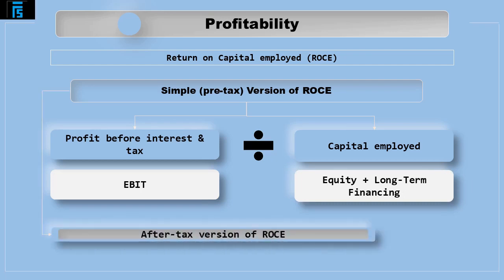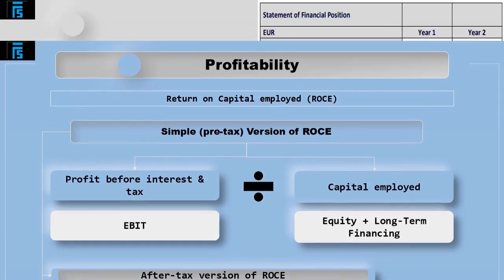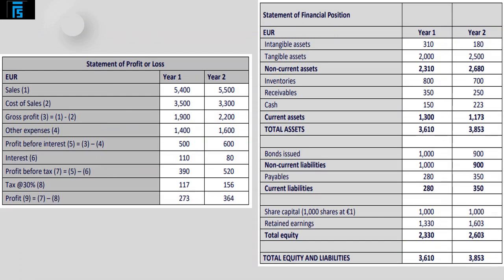An after-tax version of ROCE is also used where the tax shield effect is included in profit before interest before dividing it by the capital employed. Let's now calculate the ROCE using the sample financial statements.